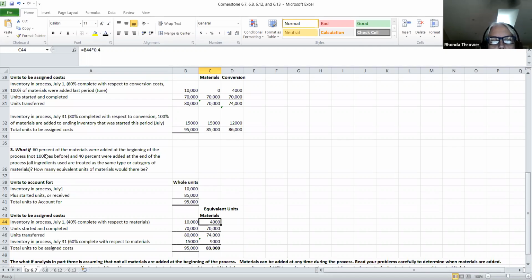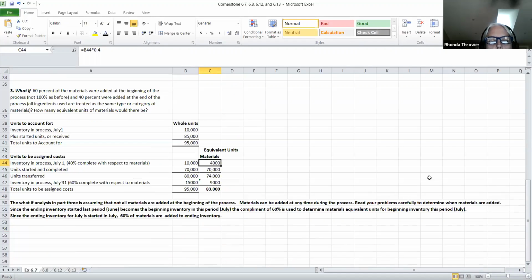And according to this problem, it says 40% were added at the end of the process. So at the end of June, 40% were in the materials account. So when you brought it forward, excuse me, I said that wrong. So in June, 60% of the materials were added because the ending inventory becomes the beginning inventory for this period of time.